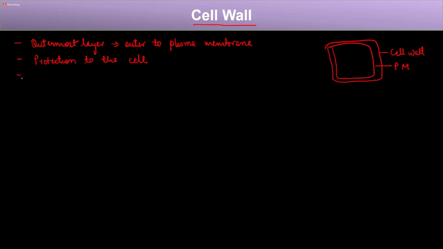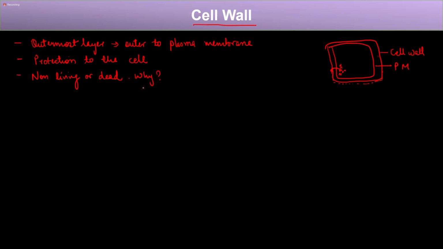Now, this cell wall is considered a non-living or dead component of a cell. Why is this called a dead component? Because this cell wall is made up of something that is secreted out of the cell. The cell makes something and it's secreted out, and this secretion then gets deposited over the plasma membrane, and this forms the cell wall.